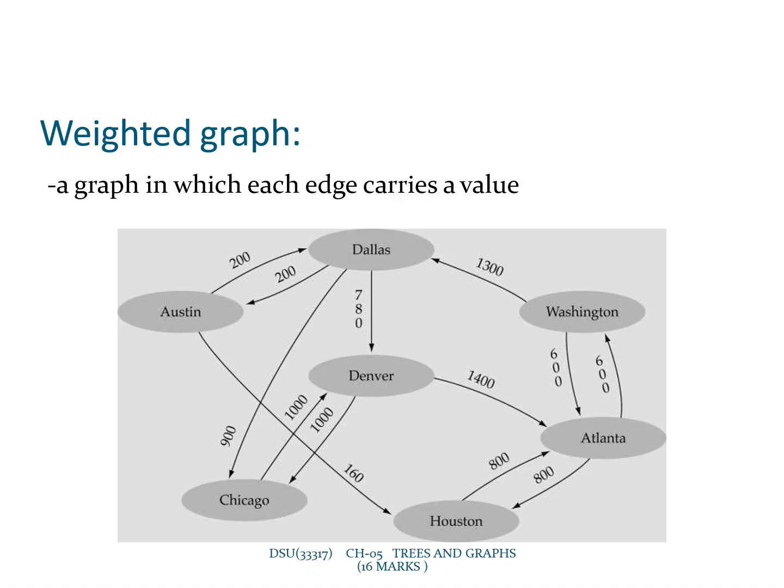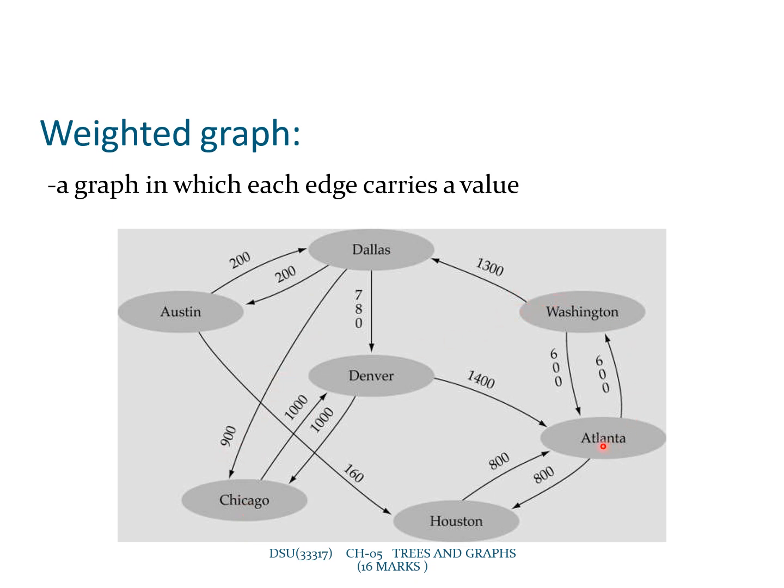So what is a weighted graph? A graph in which each and every edge carries some value is called a weighted graph. See here, each and every edge has some specific value. Suppose Chicago to Denver, then it has 100. Then Dallas to Chicago, it has 900.